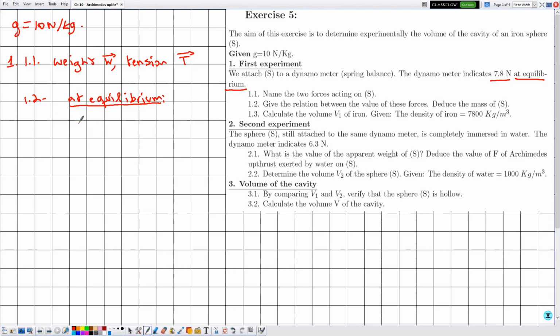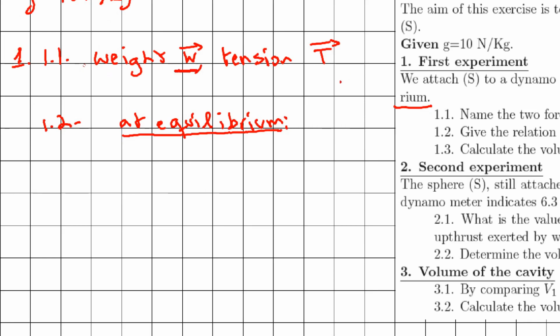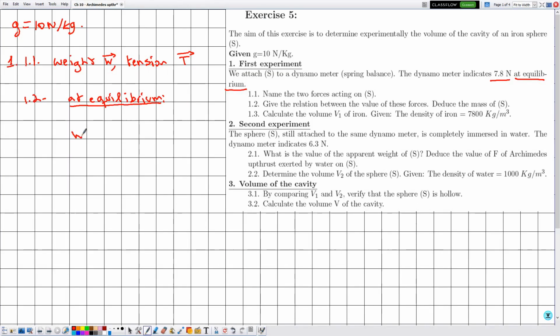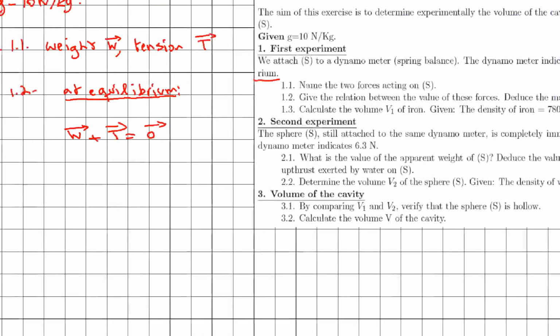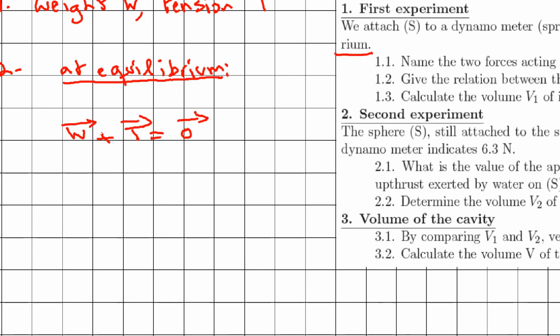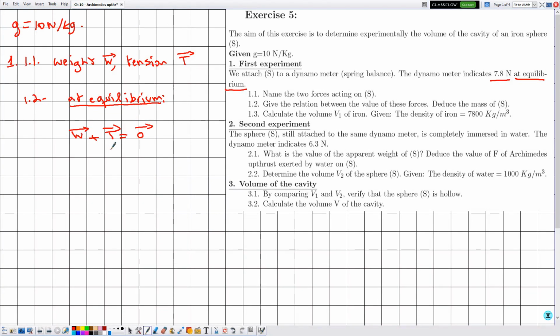Always on the left we write the sum of forces acting on the solid S, and they are given by the weight W and the tension T. Then weight vector plus tension vector is equal to, on the right hand side, the zero vector corresponding to the condition of equilibrium, and we don't forget the vector over the zero. Then moving T to the right hand side, we have that W vector is equal to minus T vector.